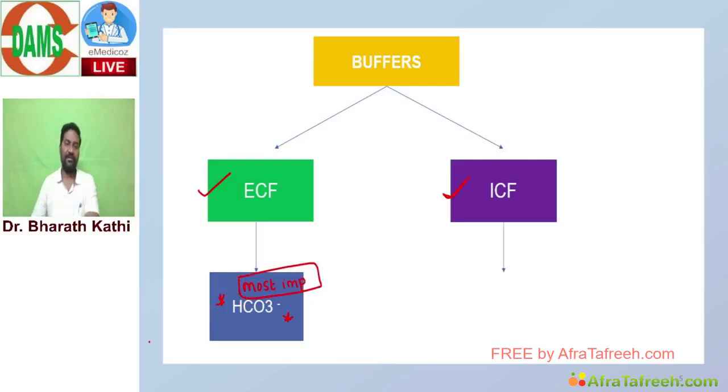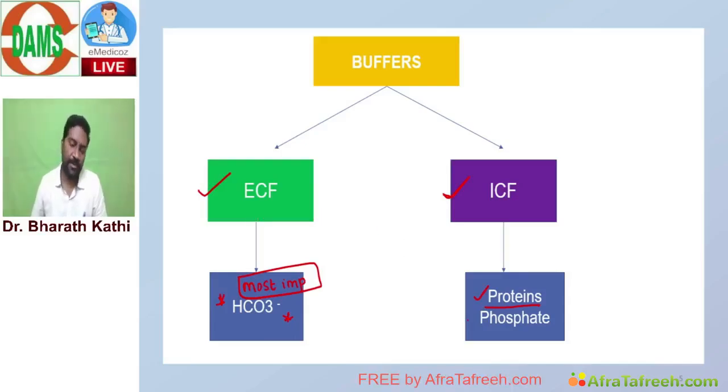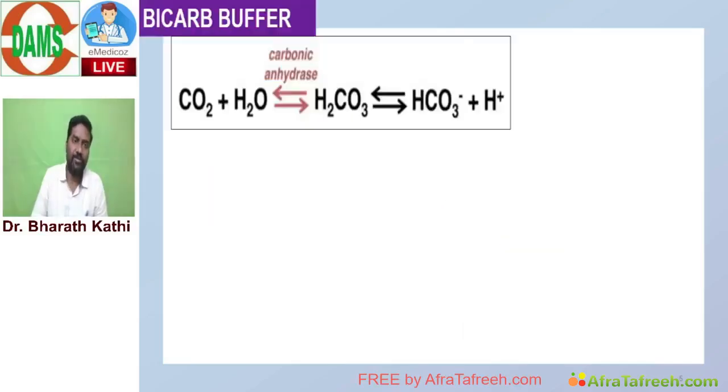Whereas in the intracellular fluid, we have proteins and phosphates, and proteins are the most abundant buffers. We also have a phosphate buffer. Let us see how these buffers are acting on your body.